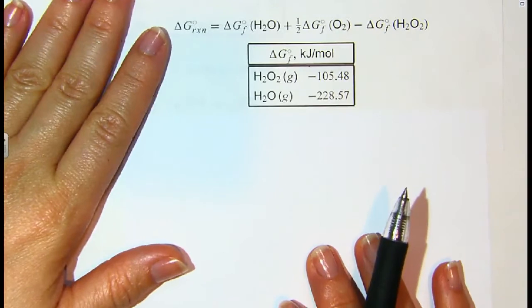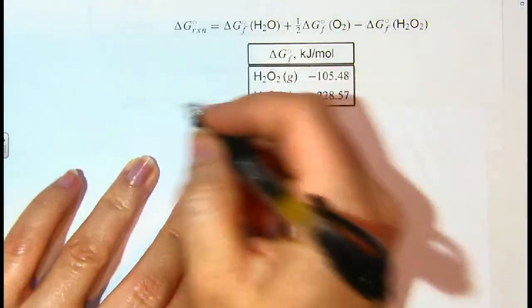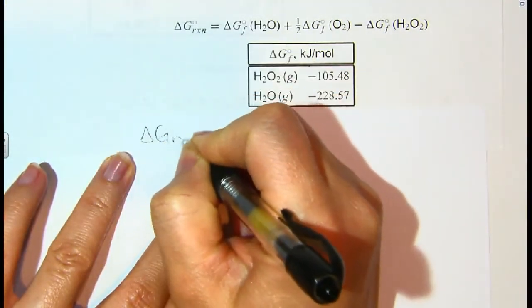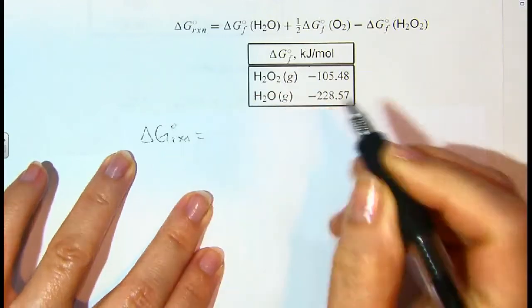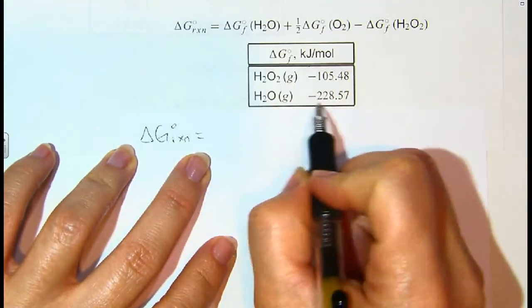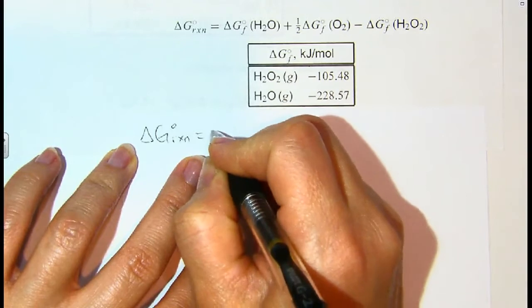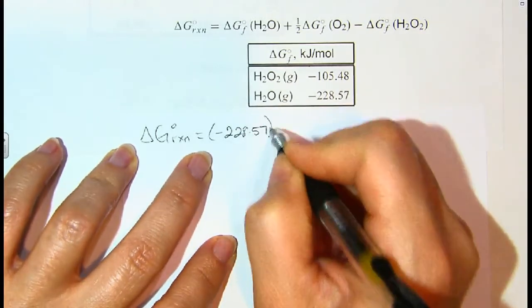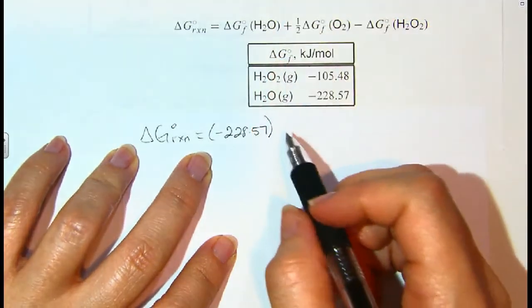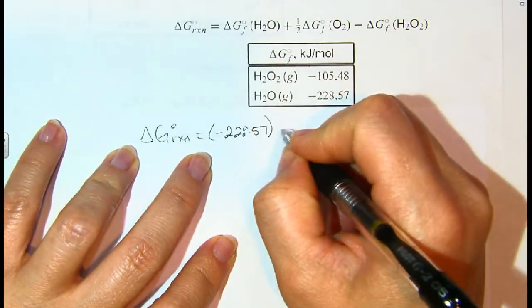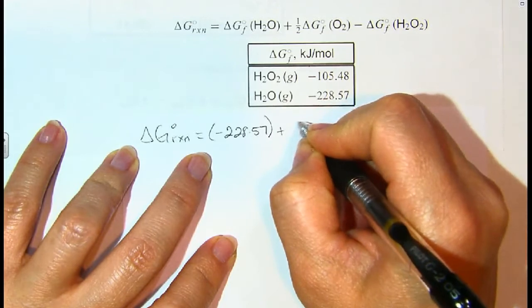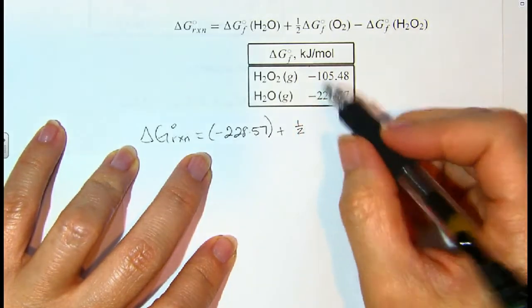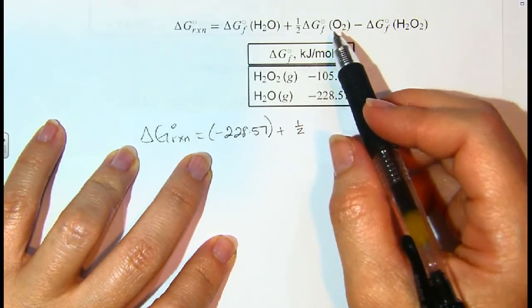So when we enter these values in, we're going to get the delta G of water, which is negative 228.57, and it's going to be times 1 because the coefficient of water was 1. And then we're going to add that to 1/2 times the delta G of oxygen.